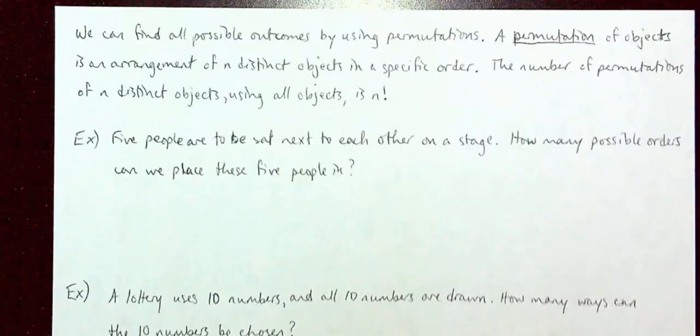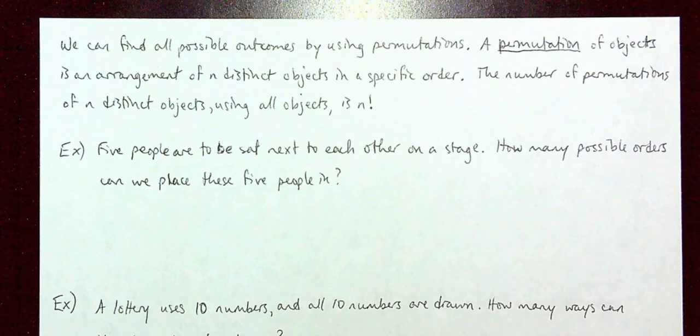We're going to use those factorials now to assist us with a calculation known as a permutation. We can use permutations to find all possible outcomes of a sample space in some circumstances. But first, what is a permutation? A permutation of objects is simply an arrangement of n distinct objects in a specific order.